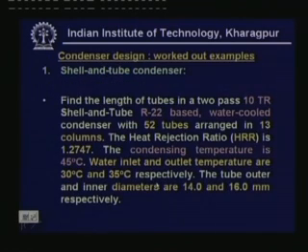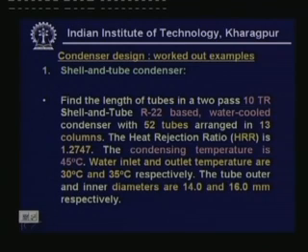So, let me begin with a worked out example. This is an example on a shell and tube condenser, and the problem statement is like this. You have to find the length of tubes in a 2-pass 10 ton capacity shell and tube R22 based water cooled condenser with 52 tubes arranged in 13 columns. The heat rejection ratio is given as 1.2747.